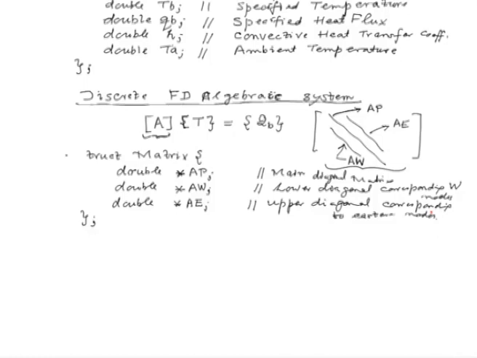For T and QB, we will have simple one-dimensional arrays. Those also will be dynamic arrays. Okay. Next thing we have left is the source term. We said source would be slightly more generic, it won't be just a constant thing. So let's introduce one more data structure for handling the source term.